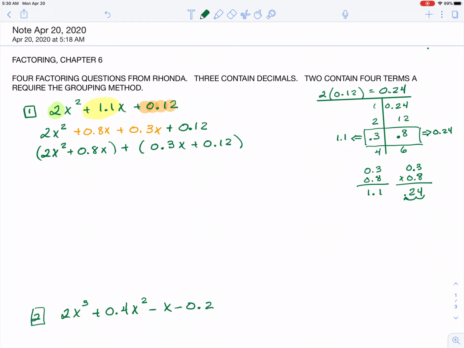As I look at the first pair, I see that I have a common 2 and a common x. And as I look at the second pair, I see I have a common 0.3.